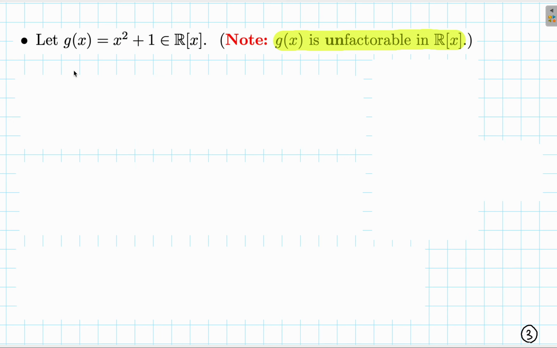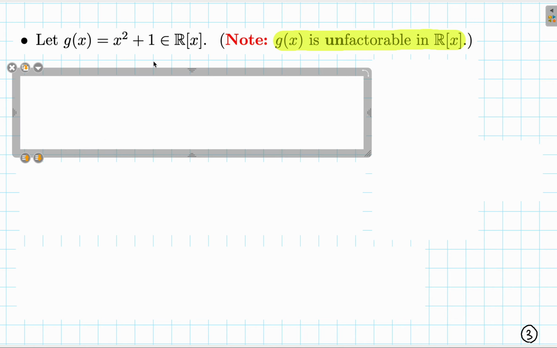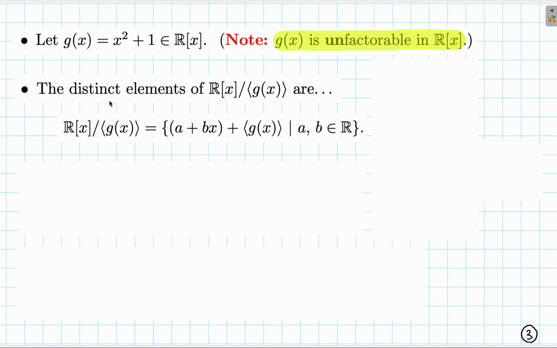Today, we worked with the polynomial g(x), which equals x² + 1. And the key here is that g(x) is unfactorable in R[x]. We found that the distinct elements of our quotient ring, R[x] mod the ideal ⟨g(x)⟩, are cosets of the form a + bx + ⟨g(x)⟩, where the coefficients a and b are real numbers.